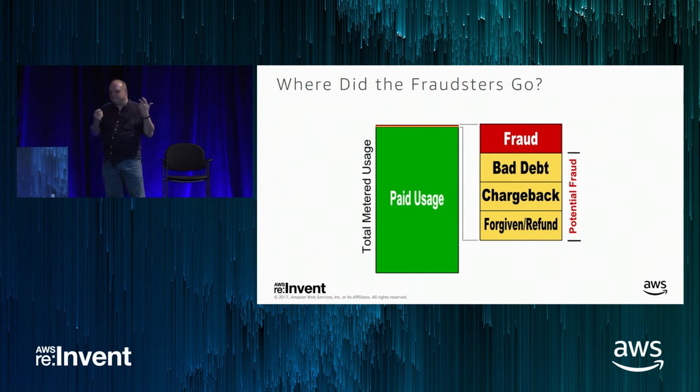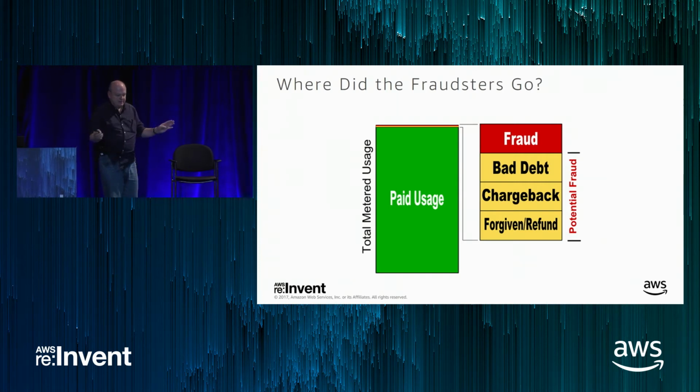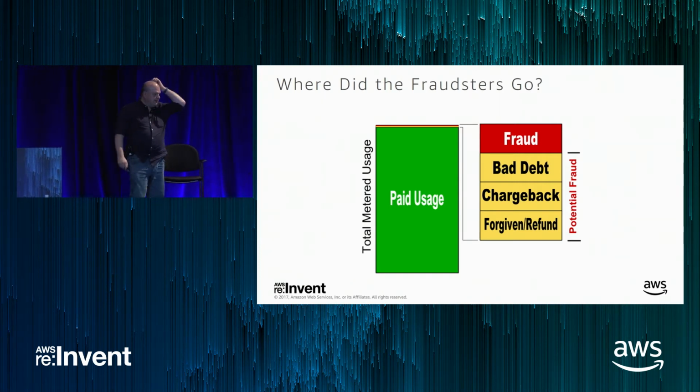Bad debt, just as a quick definition, that means that it's money that we tried to collect from customers, couldn't, and we finally have given up trying to collect it, right? You got chargebacks. That means after you charge somebody's credit card, they come back later and say, no, this was a mistake. It wasn't me. Take that off my charge, right? Then we've got the forgivens and refunds.